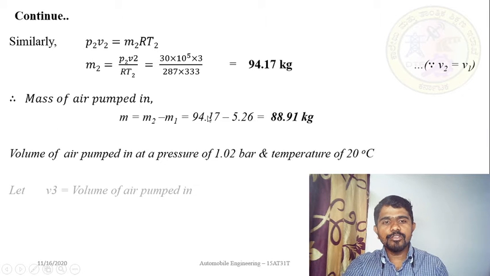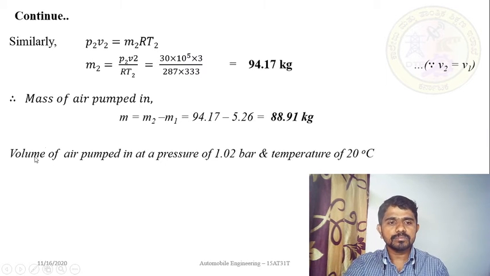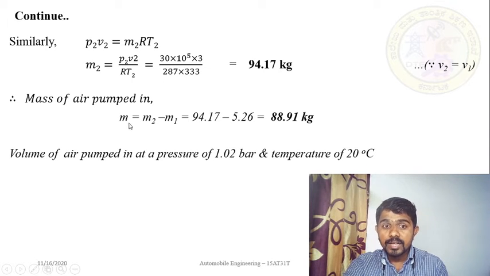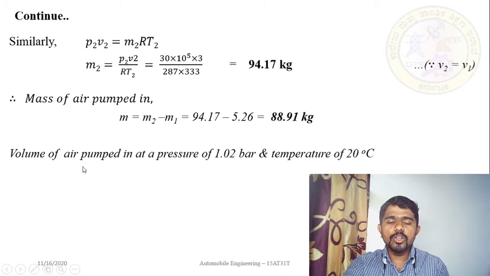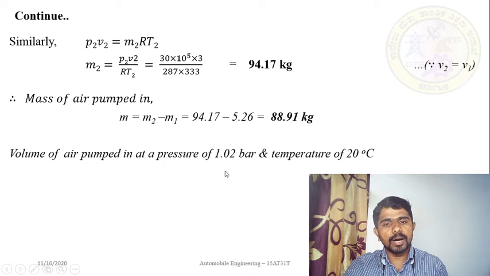Okay. Now you know the mass of air pumped in, determined in the form of volume. Let us see how. Volume of air pumped in at a pressure of 1.02 bar and temperature of 20 degree centigrade.